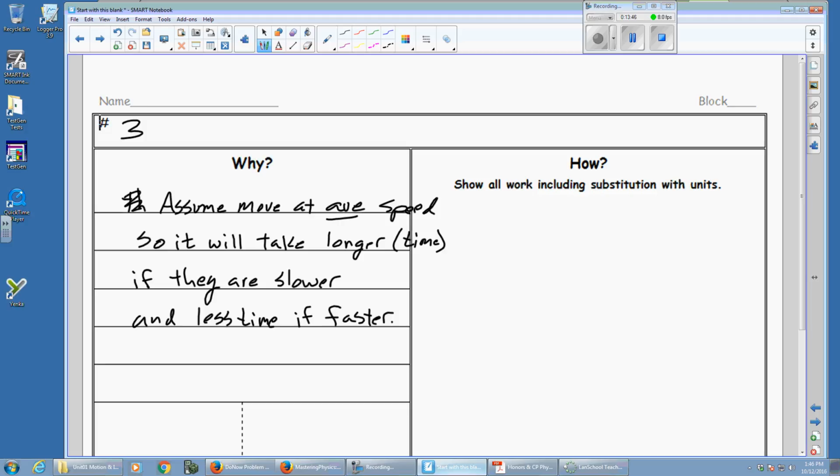So I'm just trying to show that I understand the situation, okay? And I could define speed or talk about what distance is. Although I might put in there that speed is related to distance.